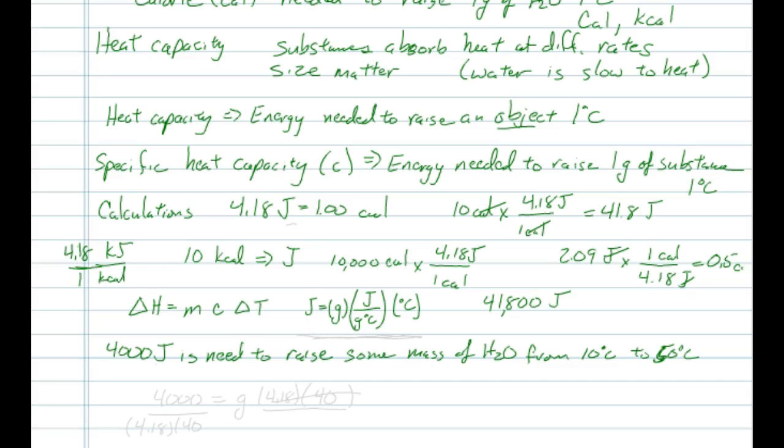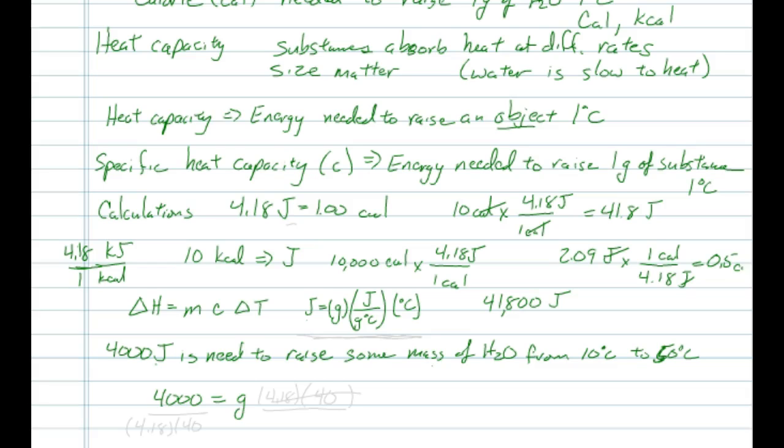So you go through the equation and find out what things are. Joules, so it's 4,000 equals the mass. They don't give you grams and they ask for mass, so that's something to know.